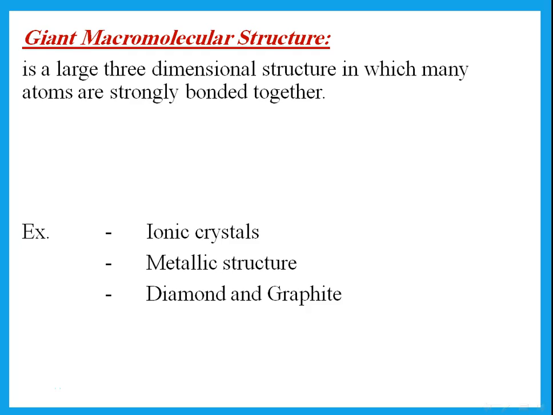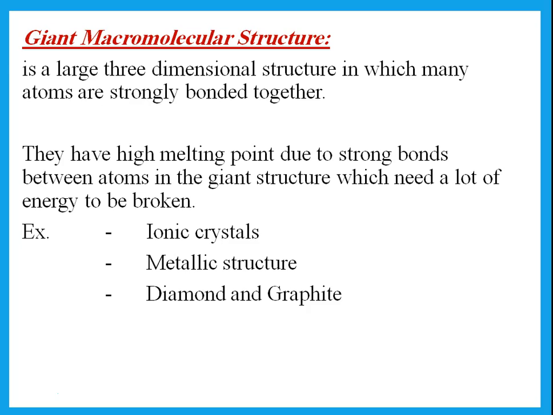Remember we said the ionic crystal lattice is a three-dimensional structure with many positive and negative ions. Also a metallic structure, the structure of metals, and we'll talk about that. And diamond and graphite are examples of giant structures, and we will discuss each of these in detail. All of these have high melting point, and this is because they have strong bonds between the atoms in the giant structure, which need a lot of energy to be broken.